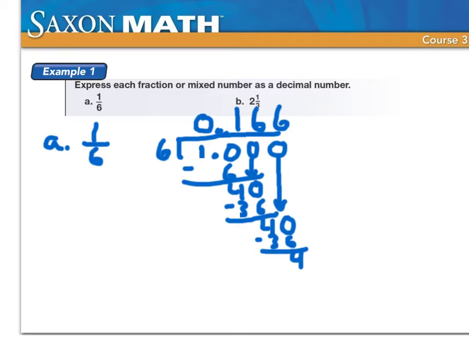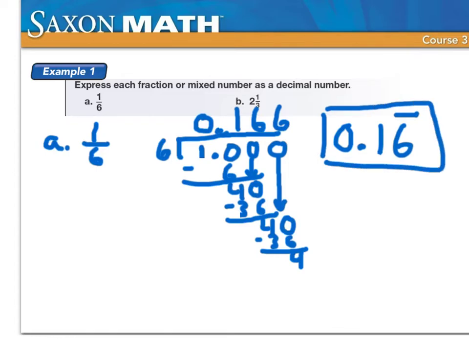To write this as a repeating decimal, all I need to do is rewrite it. I've got 0.16, and because the 6 is the repetend, the digit that repeats, I'm going to put the little bar above it. So it's 0.16 repeating. That 6 would just keep repeating itself over and over.